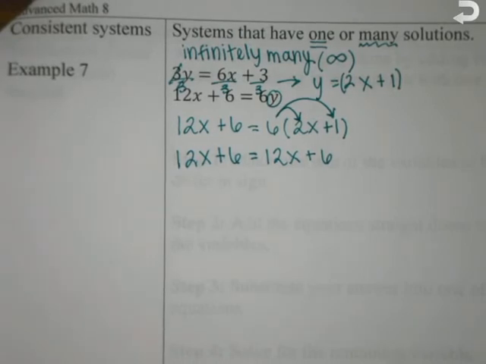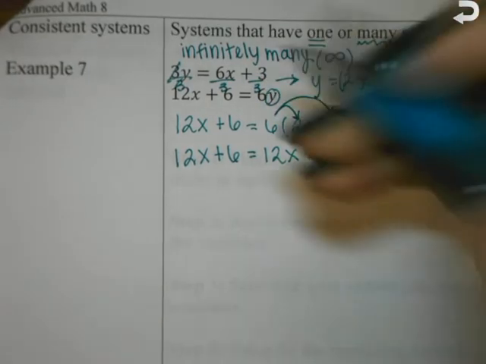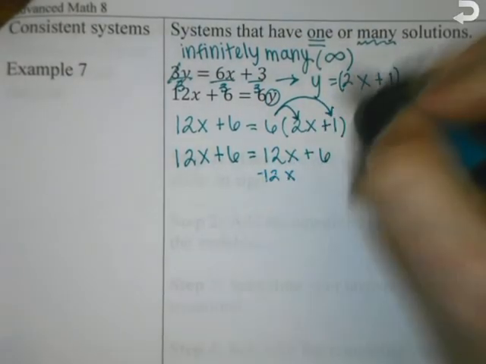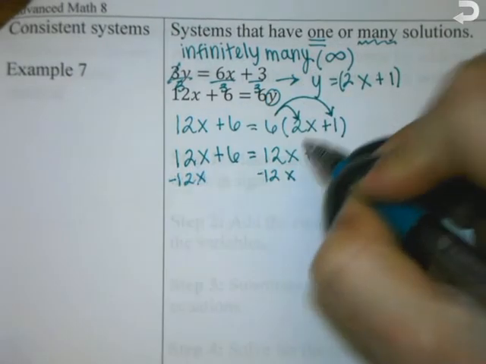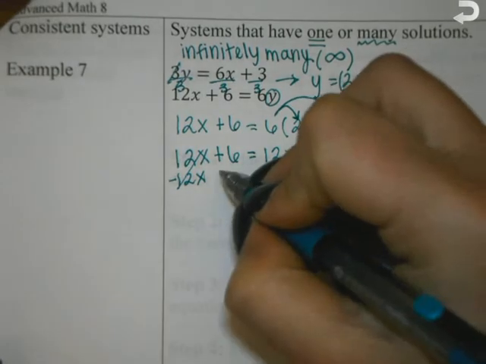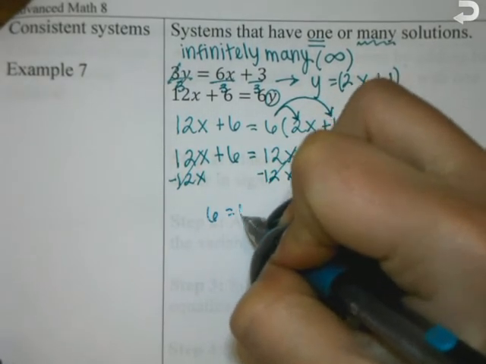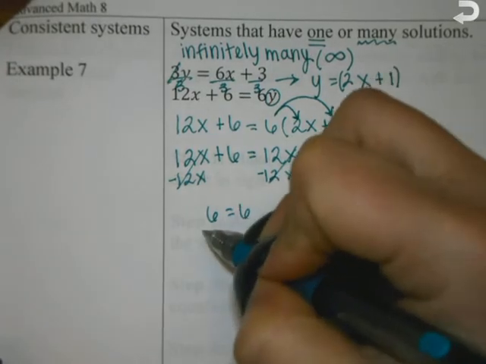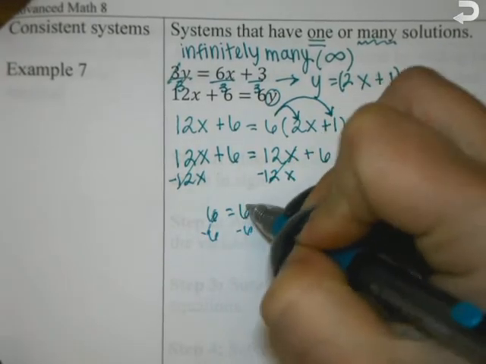No. Look. If I subtract 12x from both sides, these 12x's cancel, and these 12x's cancel, right? And then that would be 6 equals 6, but I still need to subtract 6 from both sides, so we get 0 equals 0. Is that a true statement?